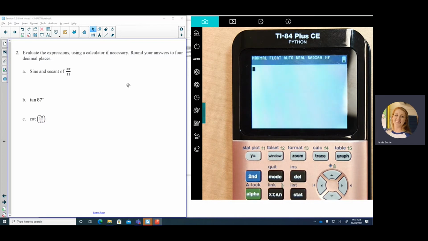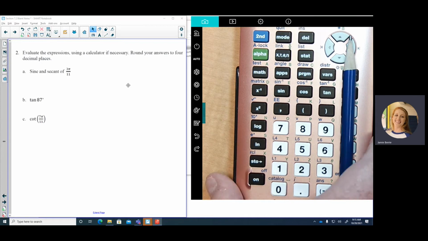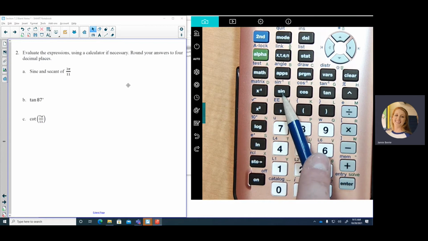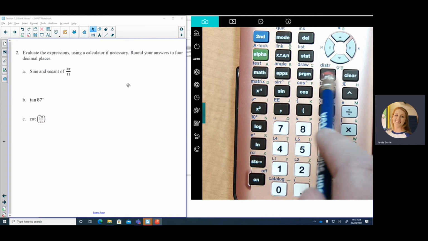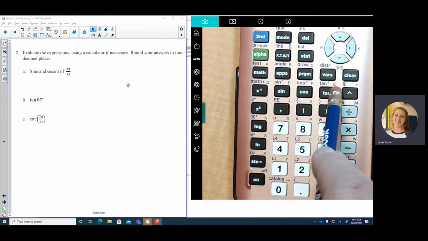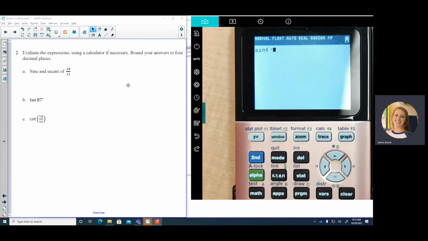All right, so we're going to do sine. Sine is right here. See right there, it's 2 buttons above the 7. So there's sine. Notice that we only have buttons on the calculator for sine, cosine, and tangent. So we'll talk about how we figure out values for things like secant, cosecant, cotangent.